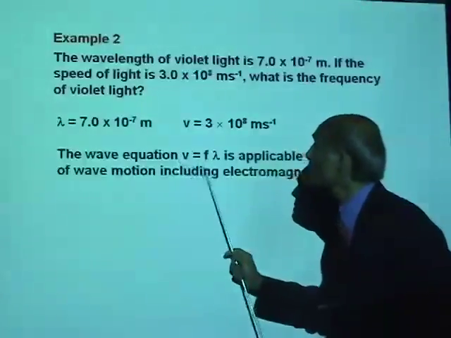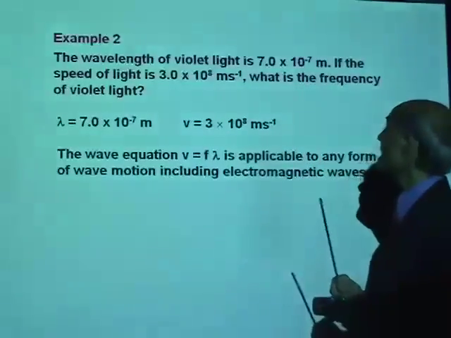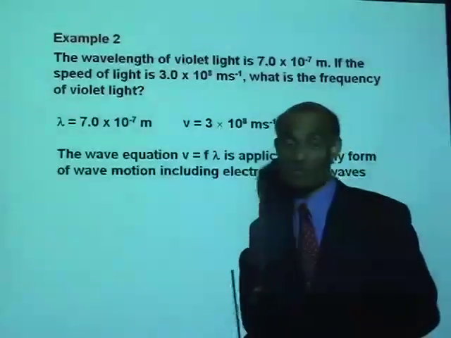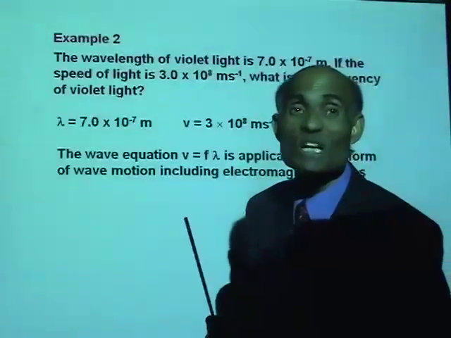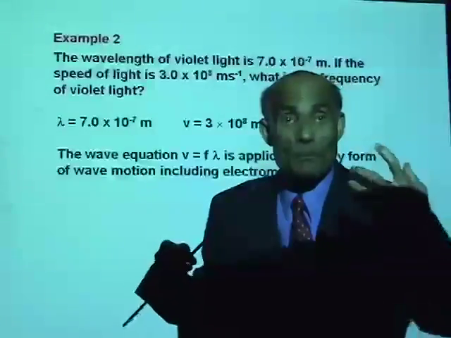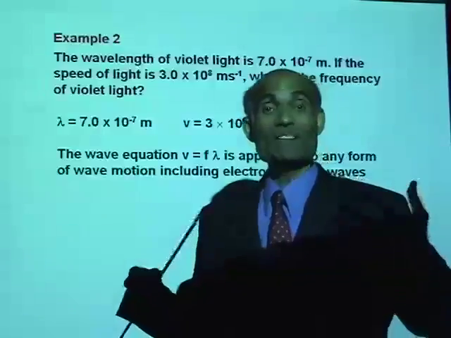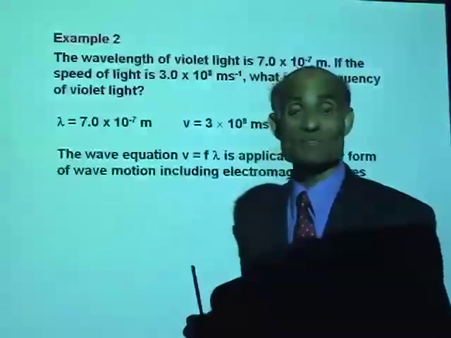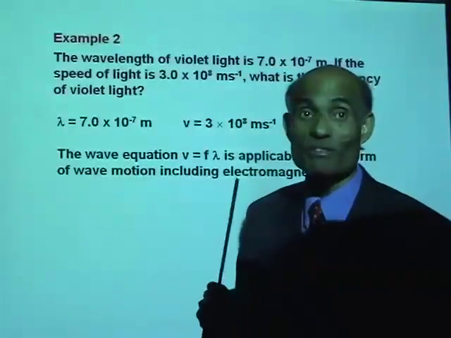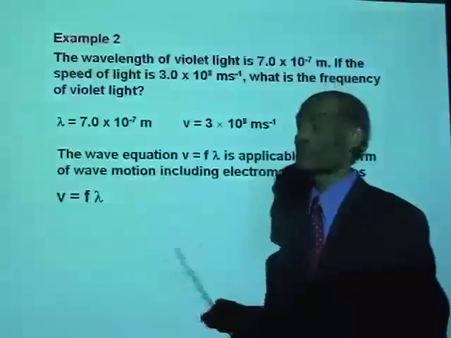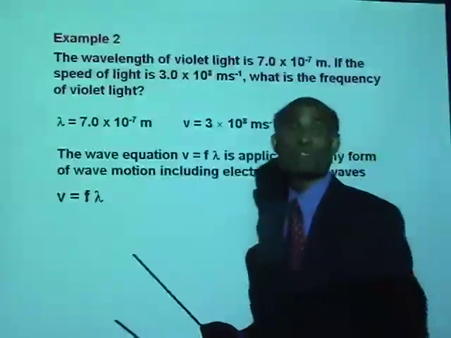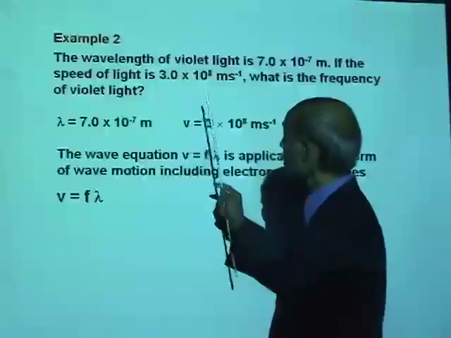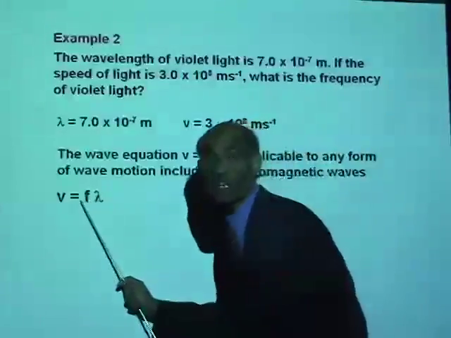And we use the equation v equal to f lambda. I told you this wave equation is equally applicable to mechanical waves and electromagnetic waves. Light is the form of electromagnetic waves. We have v equal to f lambda. We need to find the frequency.